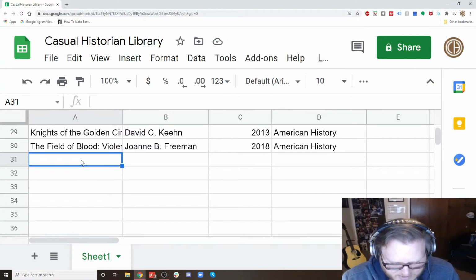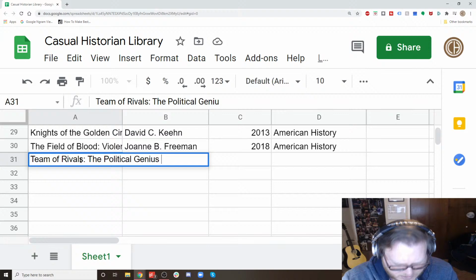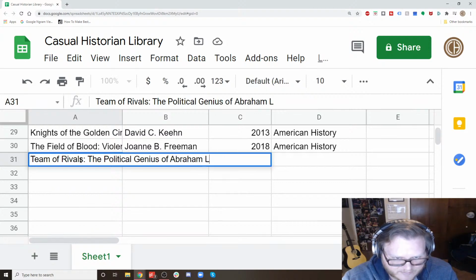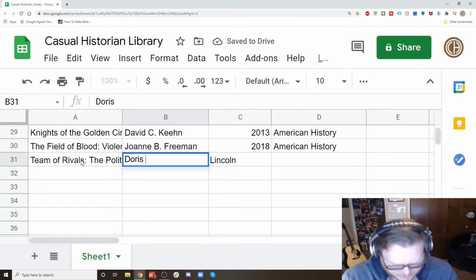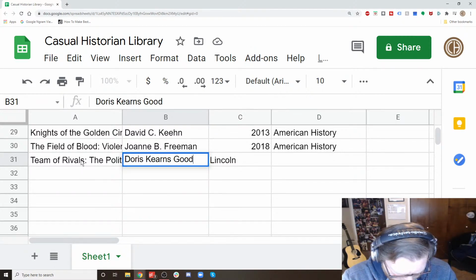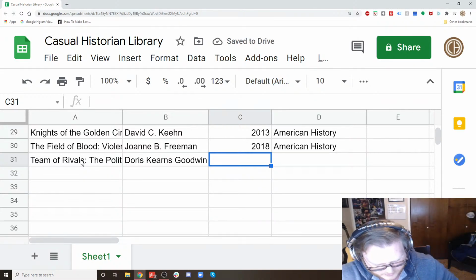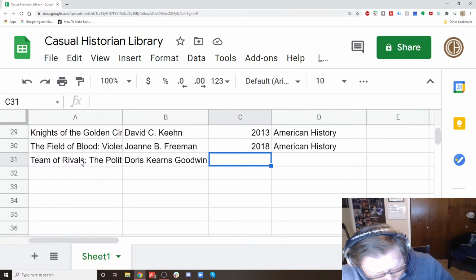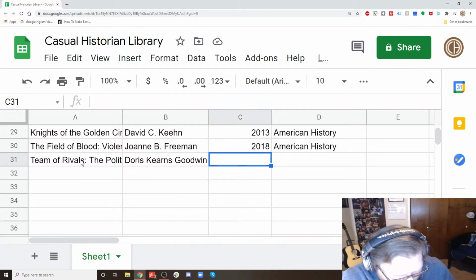Alright, next is Team of Rivals, The Political Genius of Abraham Lincoln, by Doris Kearns Goodwin. Oh gosh, I remember this came out during the Bush era, so it's probably either 2005 or 2006. I remember her being interviewed on the Daily Show or Colbert Report back then, and yeah, 2005.